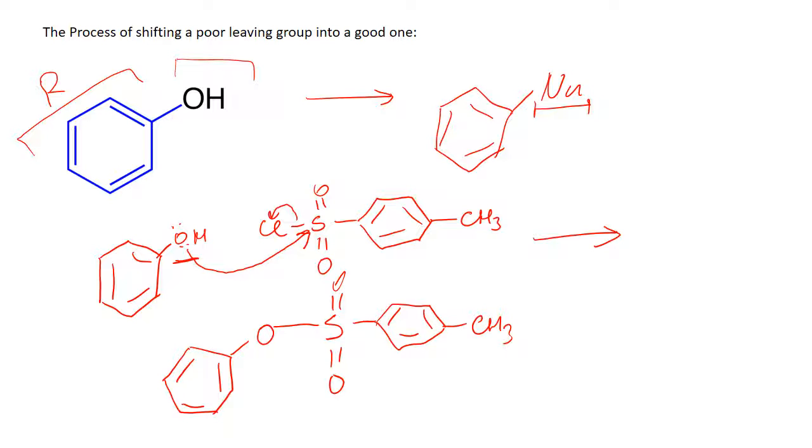So from this point on, it's fairly straightforward because this is a very good leaving group, as we said. If we have our compound, let me just call it TS for simplicity, and now we have our nucleophile here, right?